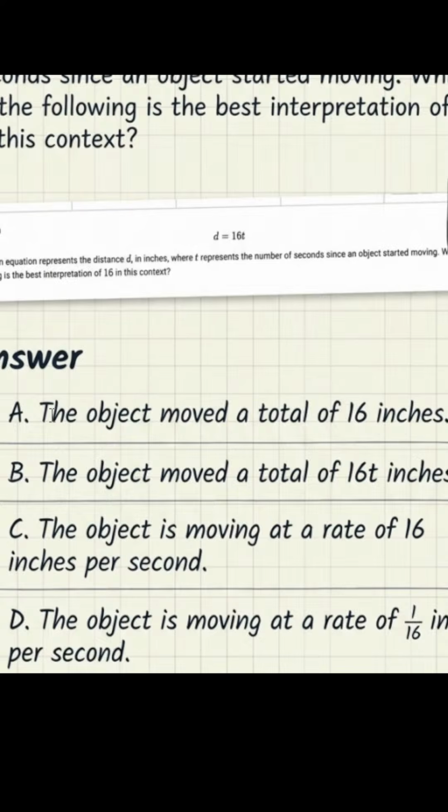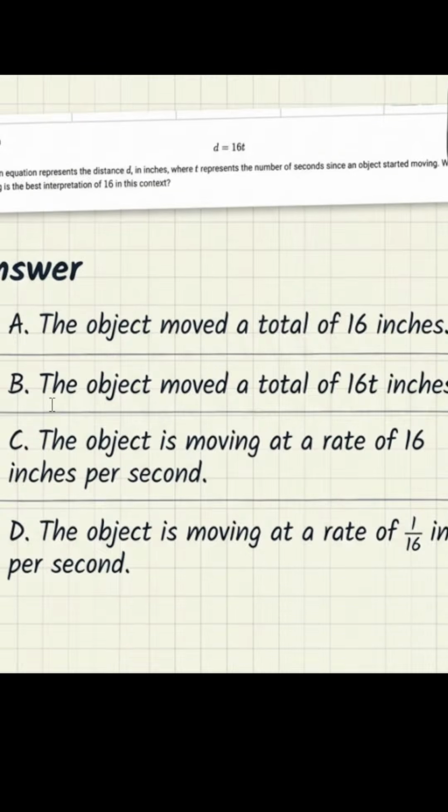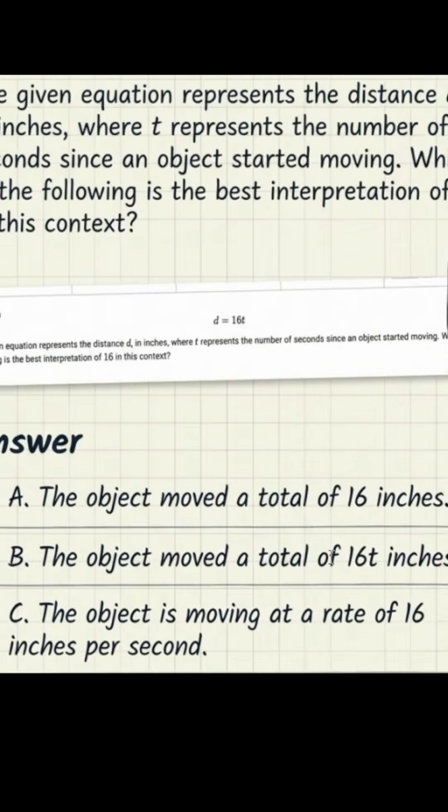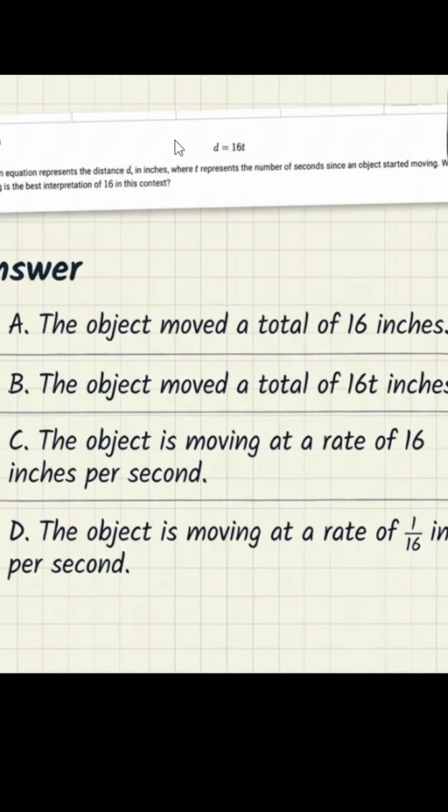So the options are: option A, the object moved a total of 16 inches. Option B, the object moved a total of 16t inches. Option C, the object is moving at a rate of 16 inches per second, and option D, the object is moving at a rate of 1 by 16 inches per second. So these are the options, and you can have a look at these options again, and this is the equation, d is equal to 16t.